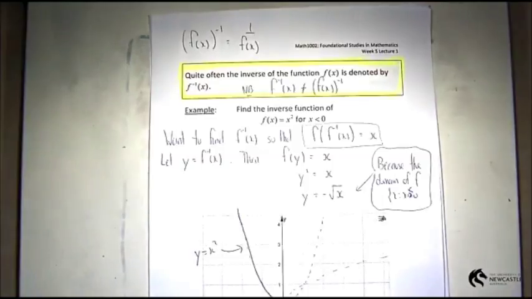Here again is my algebraic way of trying to find the inverse. Let me just use common sense to start with. If I've got a function that says multiply by 2 and then add 3, then to undo that, I'd have to subtract 3 and then divide by 2. So the inverse function is going to be x minus 3 on 2. Just use common sense.